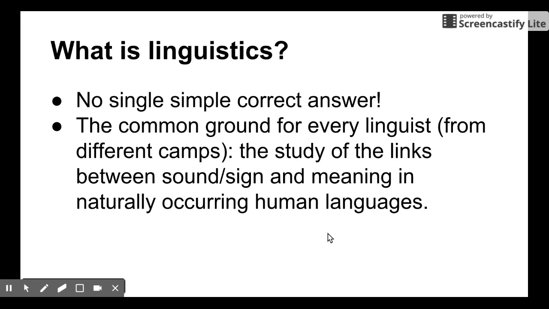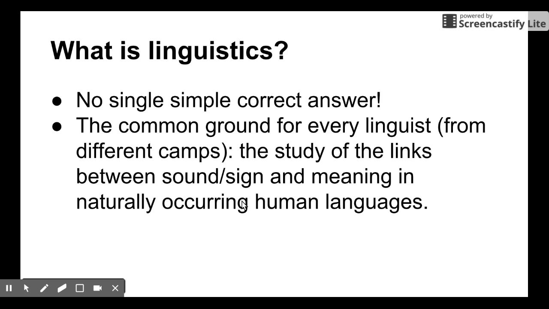Human languages generally come in two forms. It can be in the form of sounds, like what I'm using now. I'm talking using my vocal folds and making some sounds. Or if you're a signer, you speak sign language, you are using the visual medium to convey meaning.